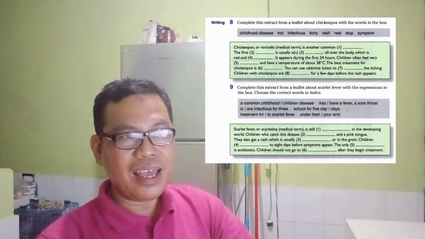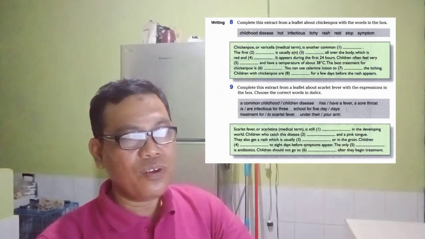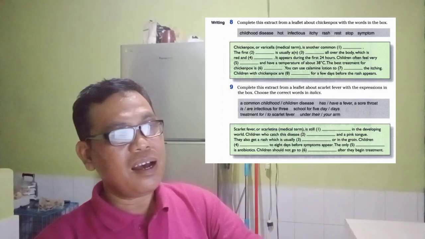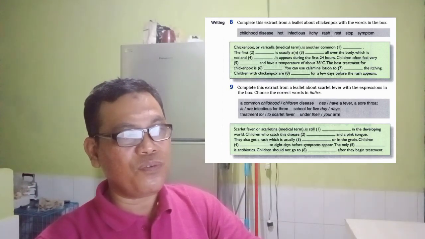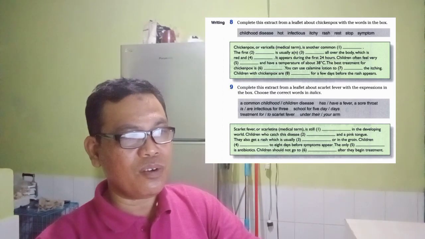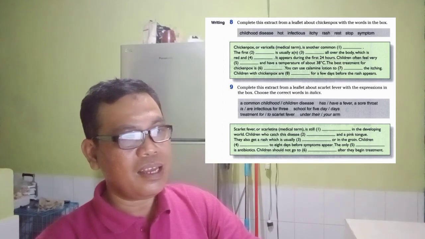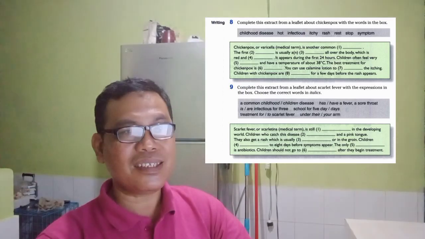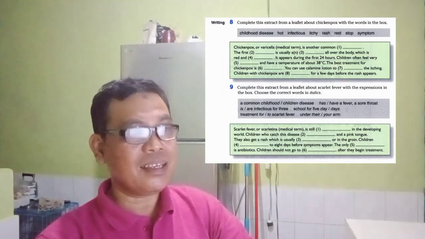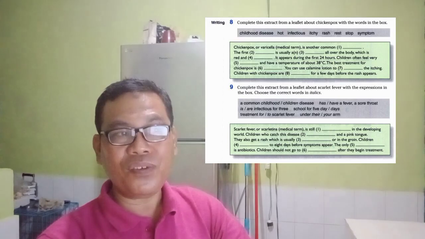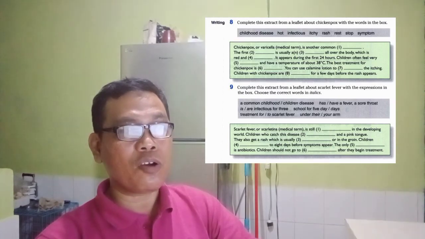A common children disease has, have a fever, a sore throat, are infectious for 3, school for 5 days, treatment for scarlet fever, under there, your arm, and you have to choose this. The instruction says, complete this extract from a leaflet about scarlet fever with the expressions in the box.